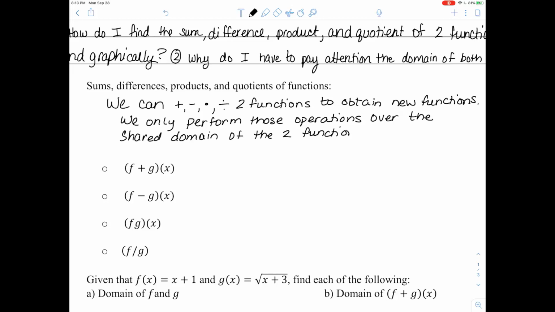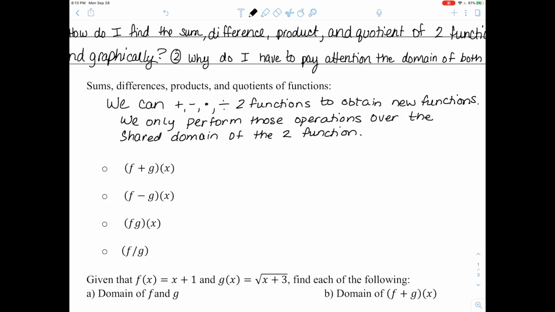So if one function has a domain of negative infinity to positive infinity, and the other one has a domain from -1 to infinity, you can only add, subtract, multiply, and divide them over their shared domain. So you could only add, subtract, multiply, and divide in that specific case from -1 to infinity.